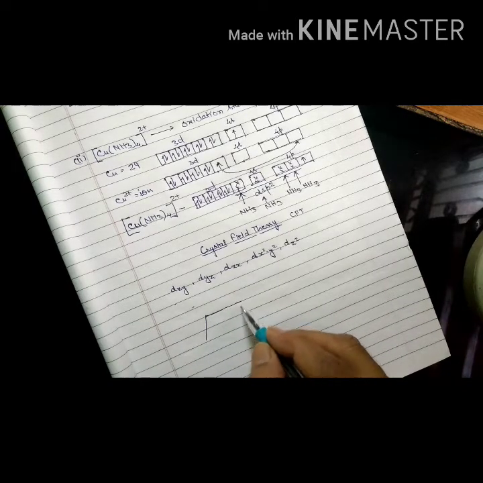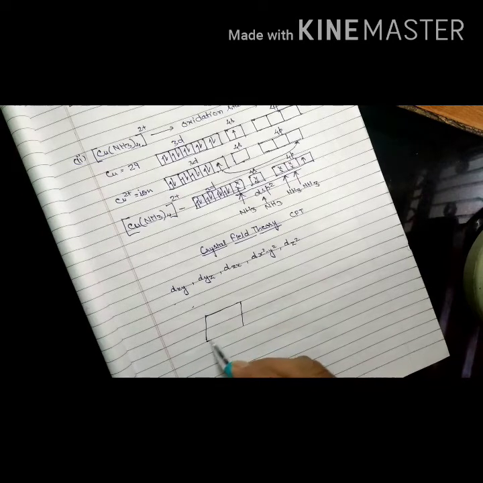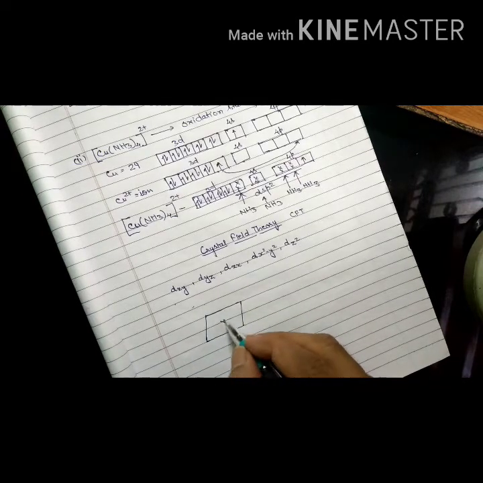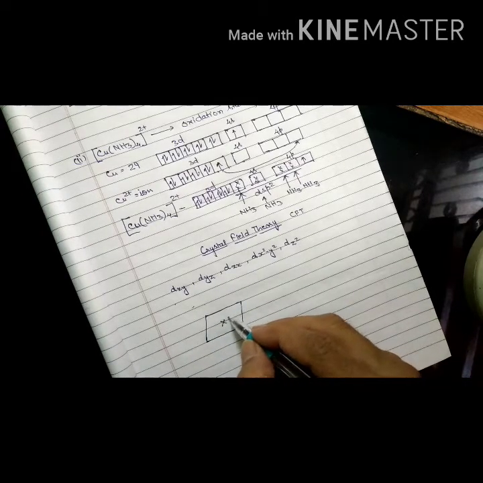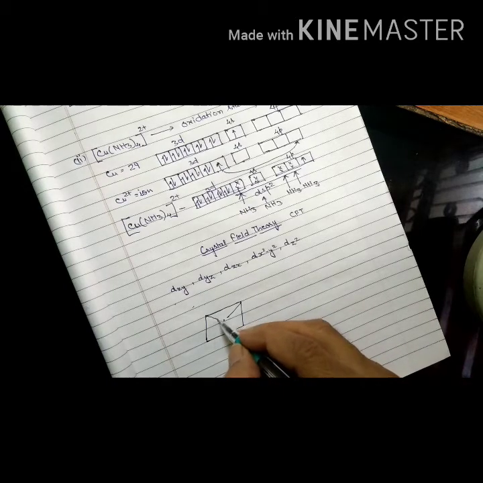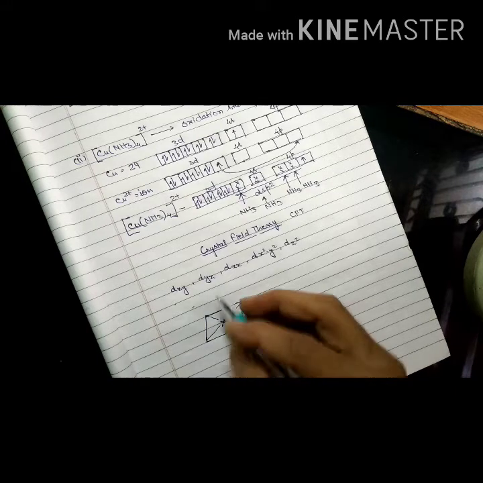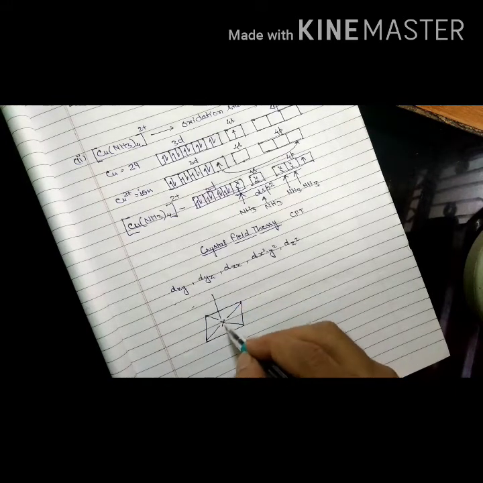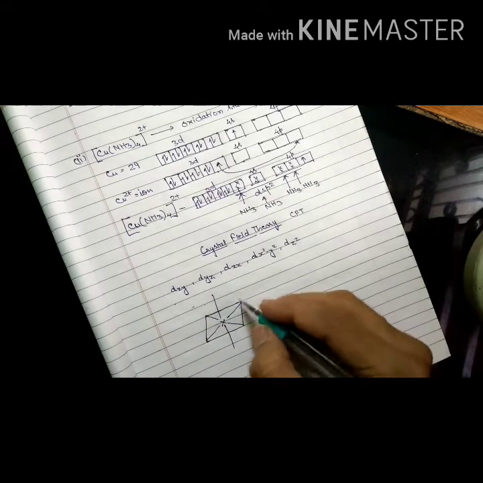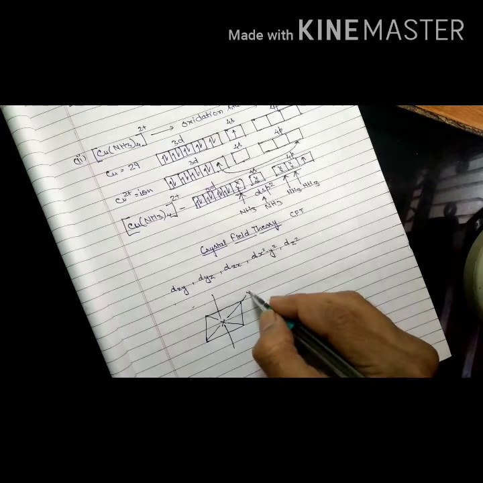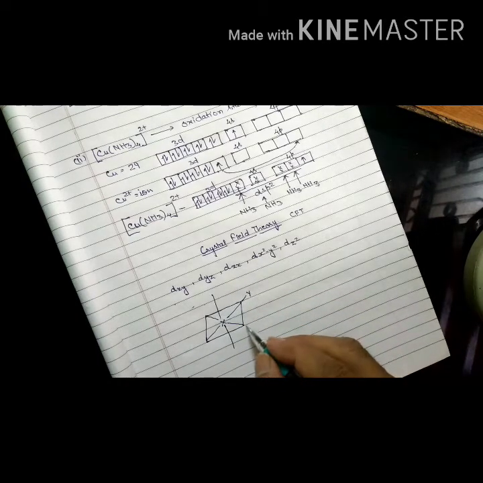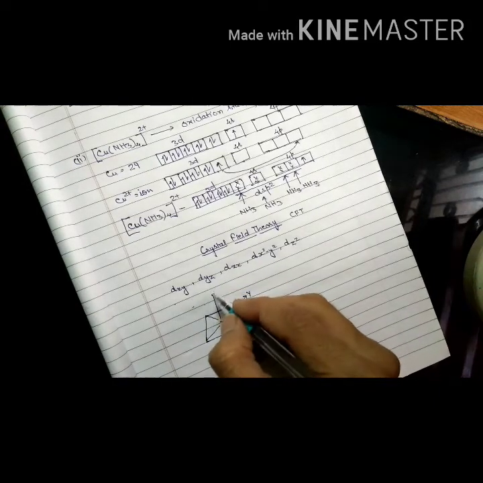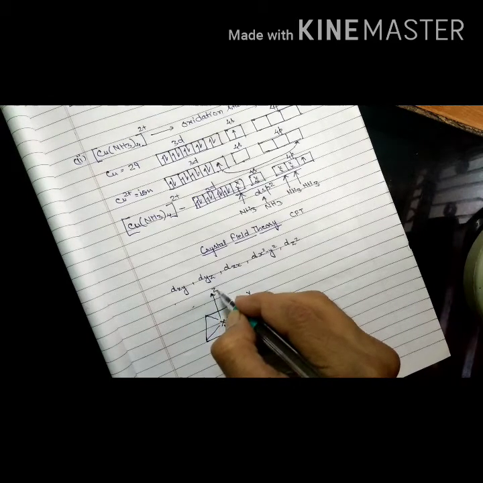This is the square planar structure. X is the central metal, and these are the axes. Let it be y, this one will be x, and this one is z.